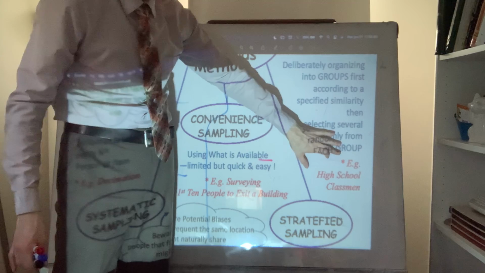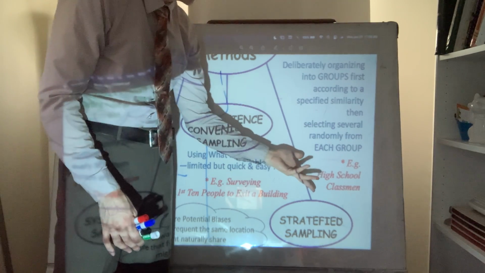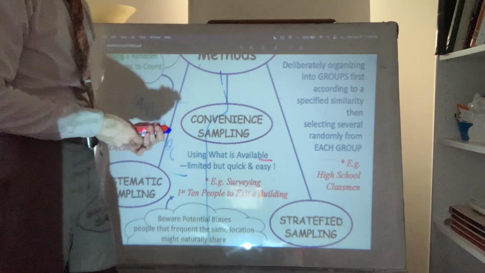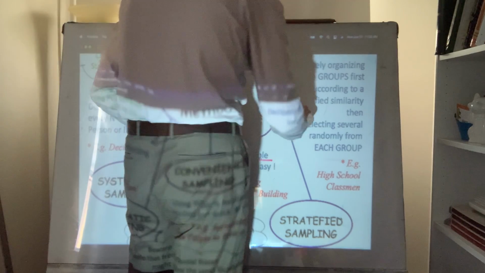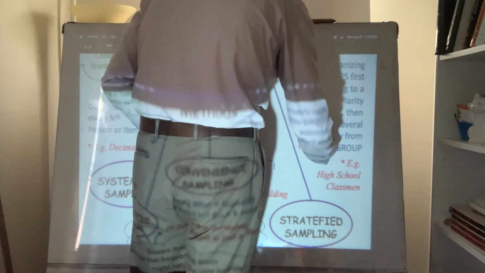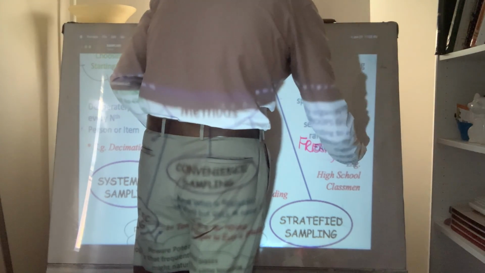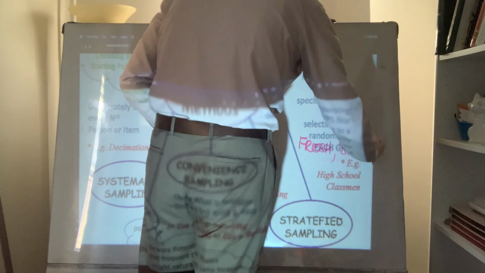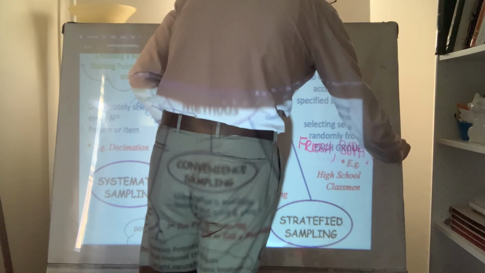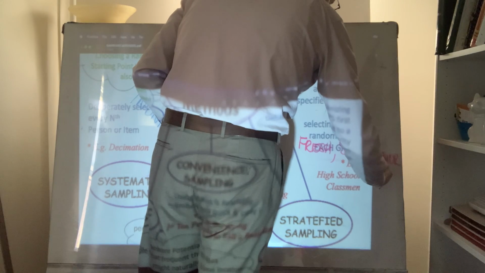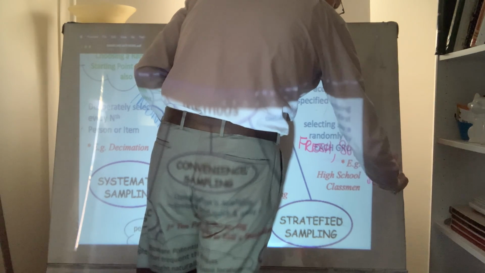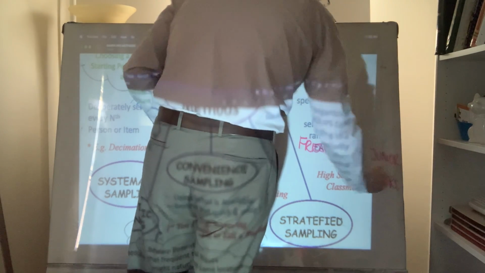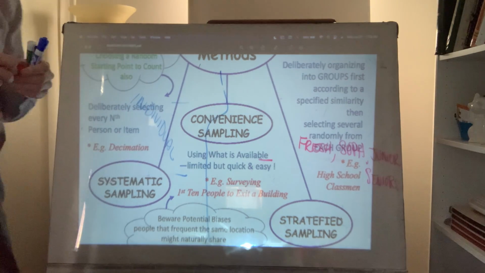The best example I could think of is basically think about high school classmen. In a high school, there are freshmen, there are sophomores, there are juniors, and there are seniors. So if you were running some experiment on these students, do tell them ahead of time, of course.